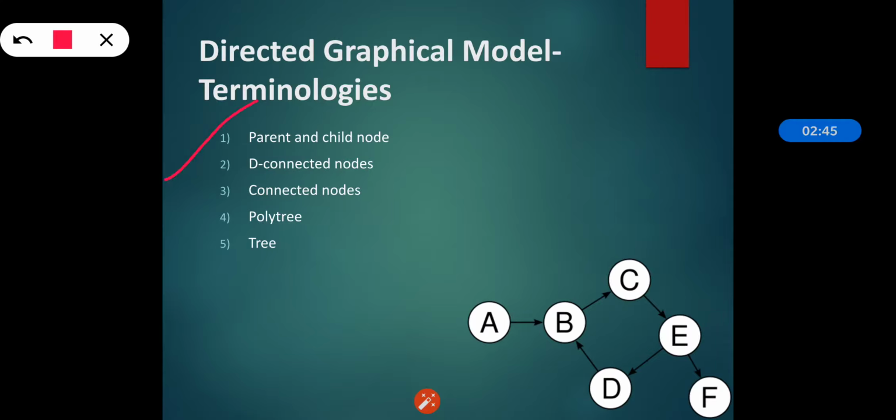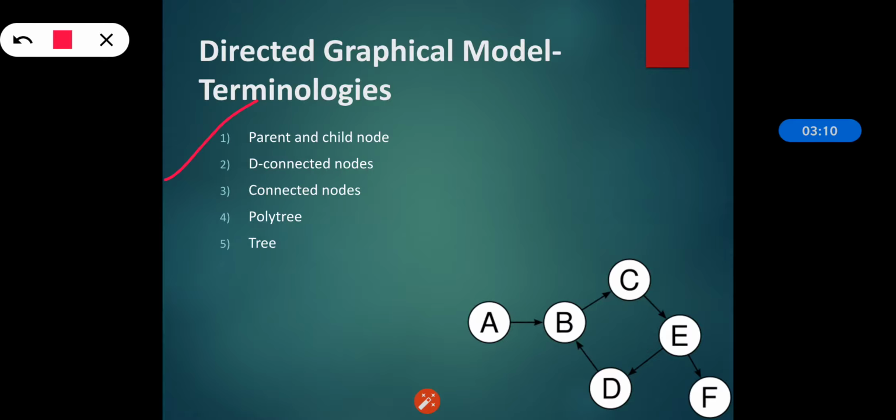First is the parent and child node. Suppose we have a particular edge, and the node from which the edge points is called the parent. It means the edge has a point which is coming from one node and going to another node.